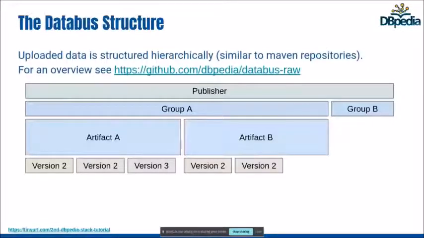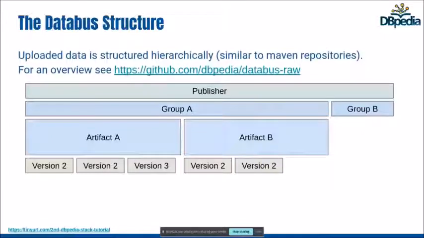So an artifact might be associated with multiple files, but one file that is associated with an artifact always describes a certain logical thing. So for example, the mapping-based objects from DBpedia, they have different versions, different files, different languages, different compressions, but they are all associated with that artifact. So when you want to describe a logical data entity, you can do that by specifying it as an artifact.